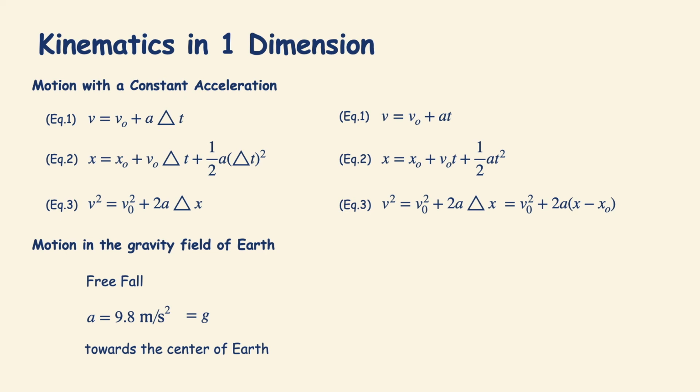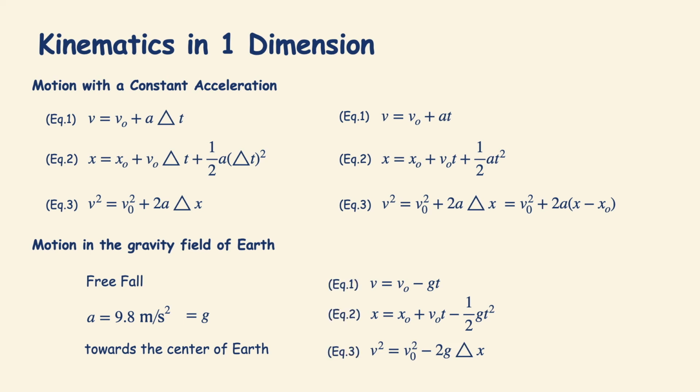So with that in mind, you can take equations 1, 2, and 3 and rewrite them in the context of free fall. So here is how they're gonna look. V will be equal to V naught minus gt. X, or frequently you'll probably call it y, because they tend to move in the vertical direction and we like to use y for vertical directions. So x will be equal to x naught plus v naught t minus 1/2 gt squared, and v squared will be v naught squared minus 2g delta x.